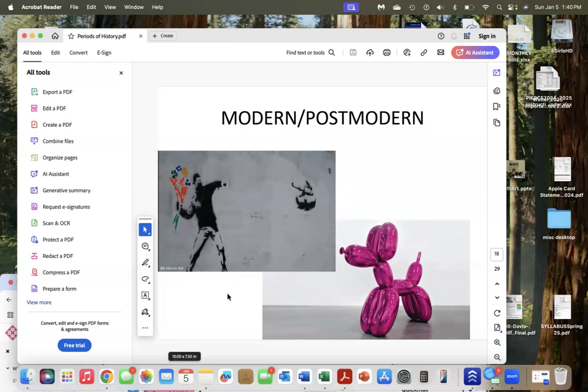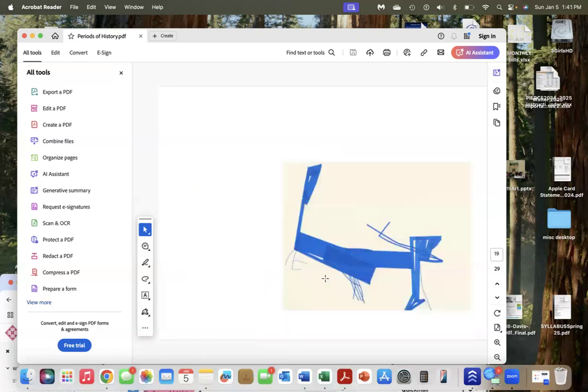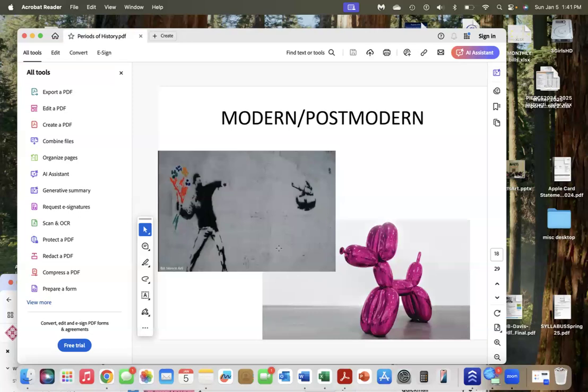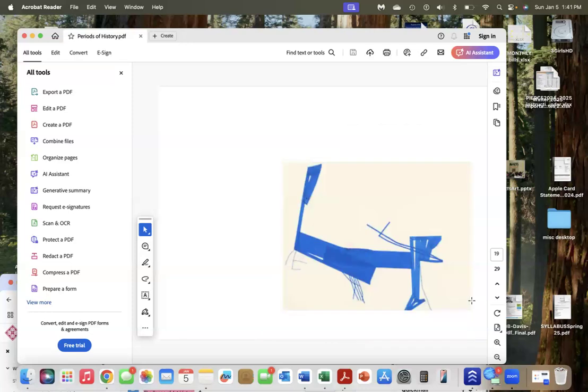You can see that he's throwing flowers at a tank. Jeff Koons, he makes these incredibly beautiful manufactured pieces. I don't even know what it is, it's not plastic, it's something else. I'd have to look it up. They come in all different sizes, and they're all over the world in different colors.